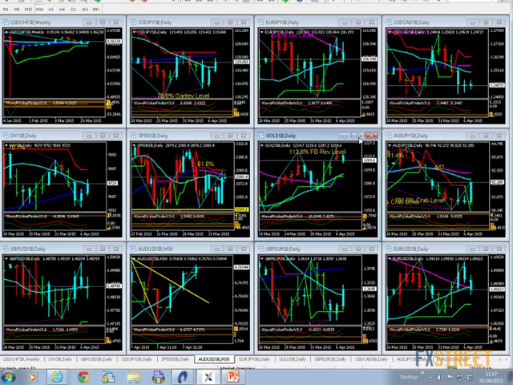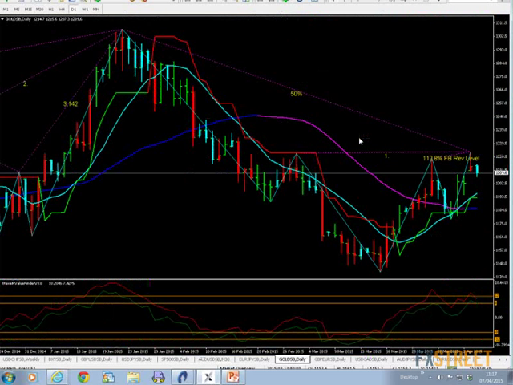Right, we're going to move over now to a daily chart of gold. Now, the daily chart of gold is getting really quite interesting, because what we've seen is that there has been quite a major move on down.